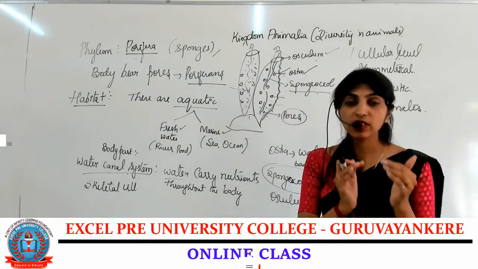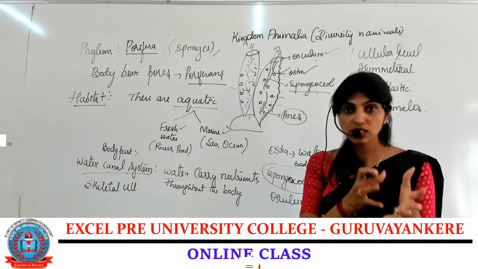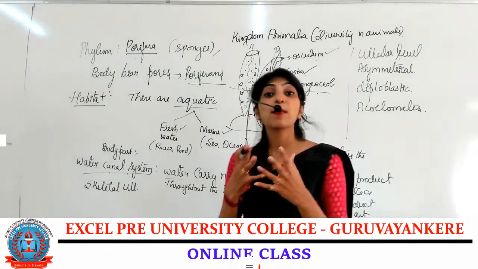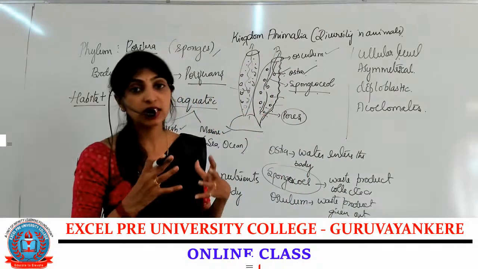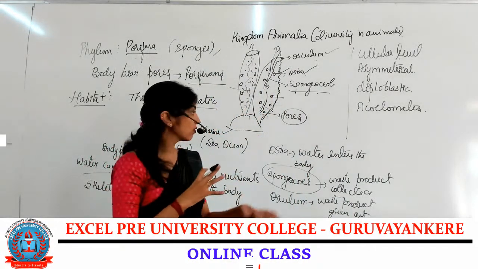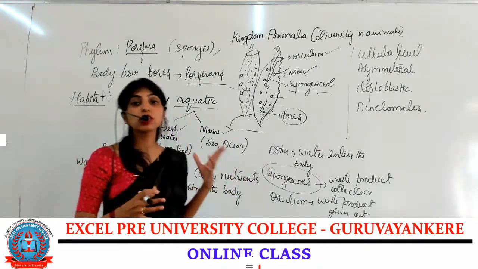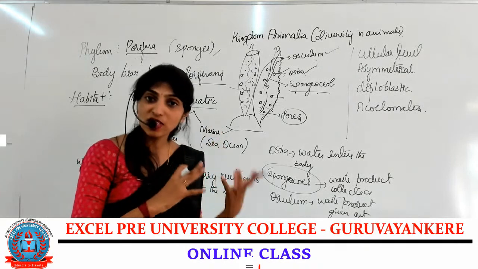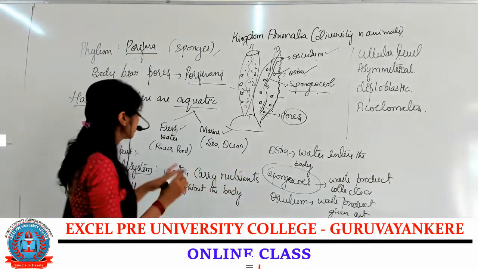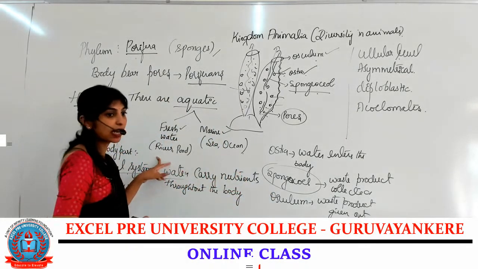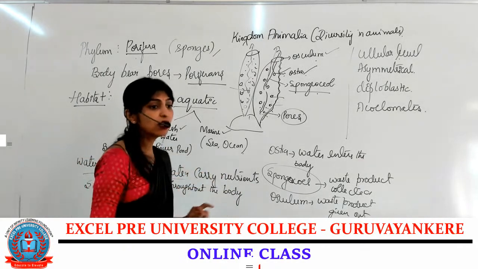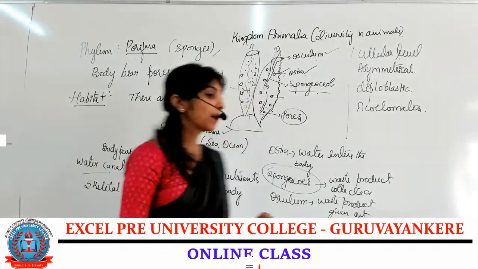One is the sea or the ocean, which we call a marine water body. If they are living in a river or pond, then we call it a fresh water body. Sponges are found in both marine as well as fresh water bodies.